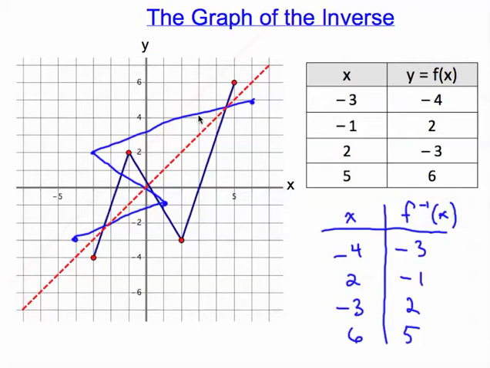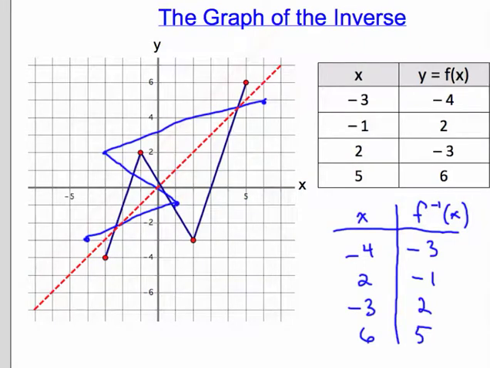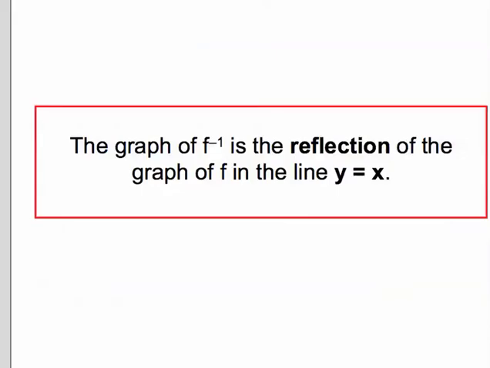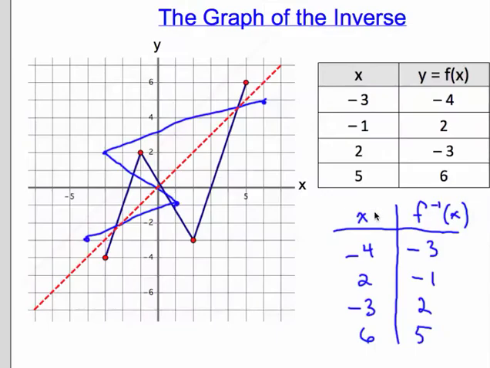So the graph of the inverse is the reflection of the original graph in the line y equals x. The graph of f inverse is the reflection of the graph of f in the line y equals x, as we see here. This is the line y equals x, and you can see, although my drawing is a little bit shoddy, that it's as if this line was a mirror.